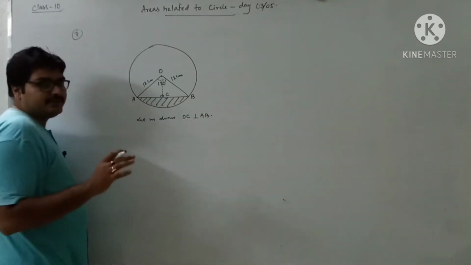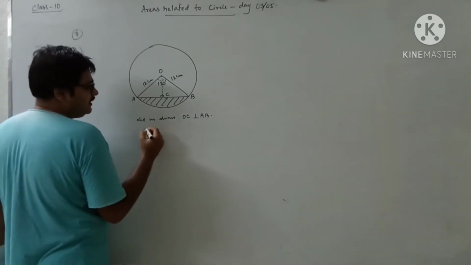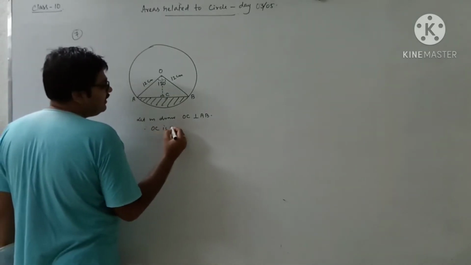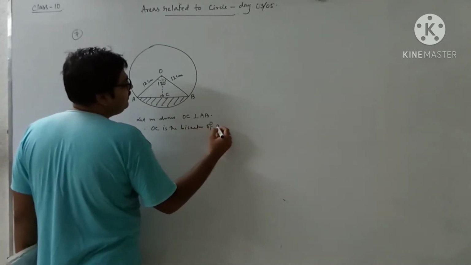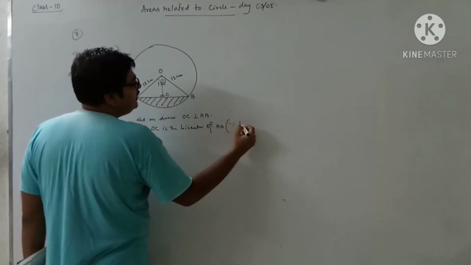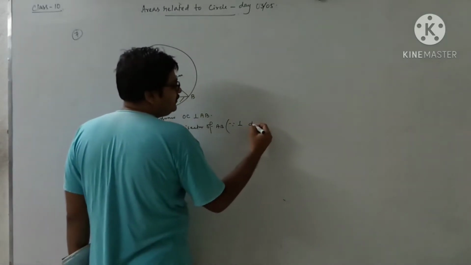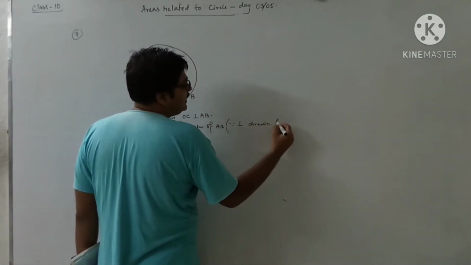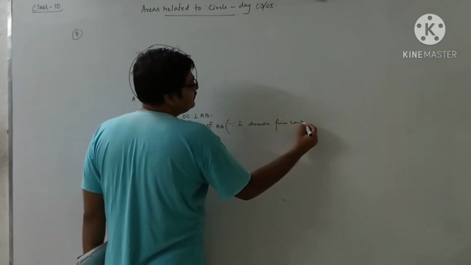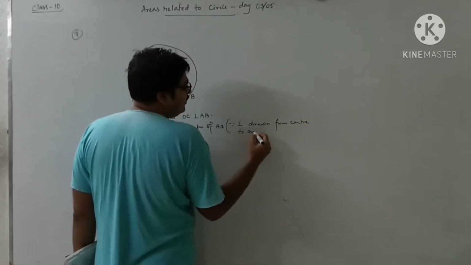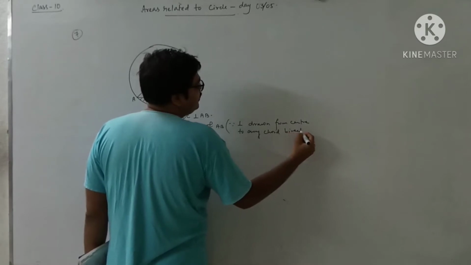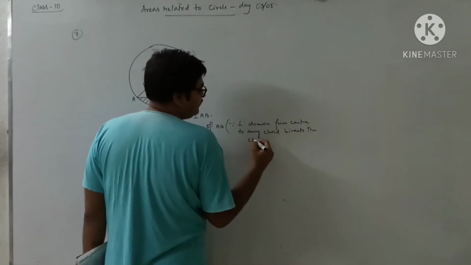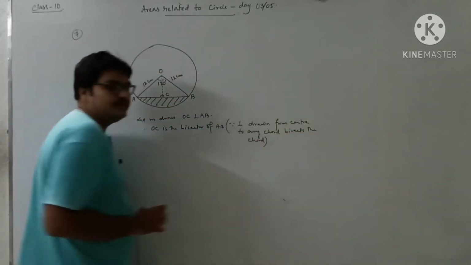That you already know. So therefore, OC is the bisector of AB, since perpendicular drawn from center to any chord bisects the chord. That you already know.